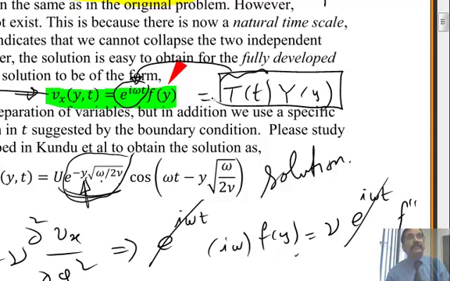That's a proposition, meaning I'm conjecturing that the solution must look like that, because the boundary condition looks like that. If I don't know that, then I will have to leave it as some function of t and do the separation of variables, and I will get two differential equations, one in time and one in space, like we did the last time. When you integrate the time equation, you will discover that even though it may have many functions that satisfy that equation, this is the only one that will also satisfy the boundary condition.